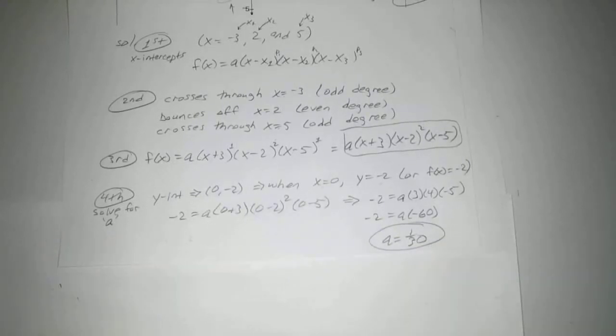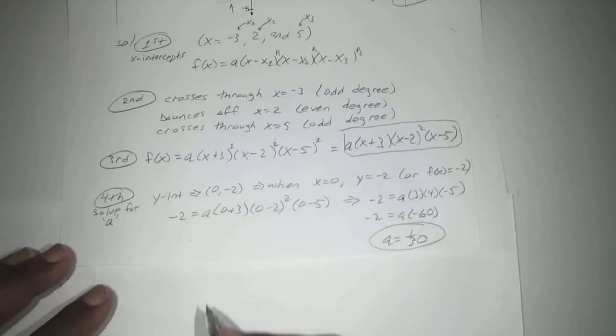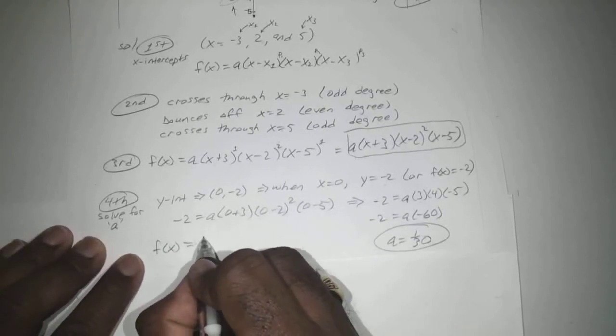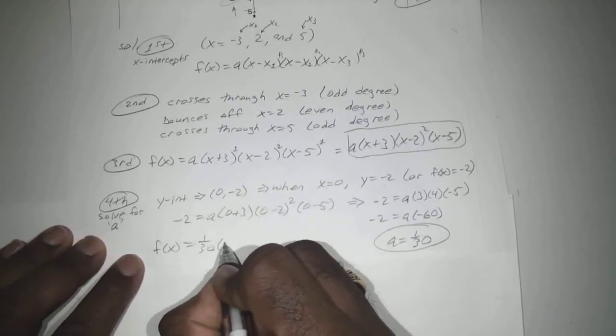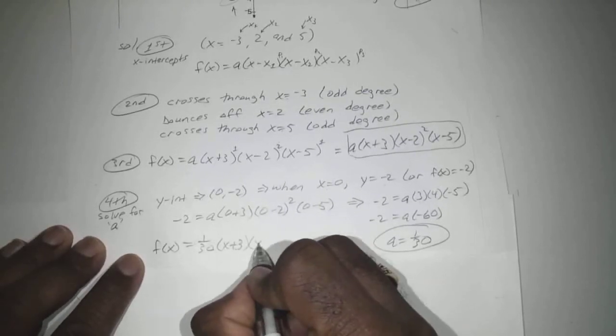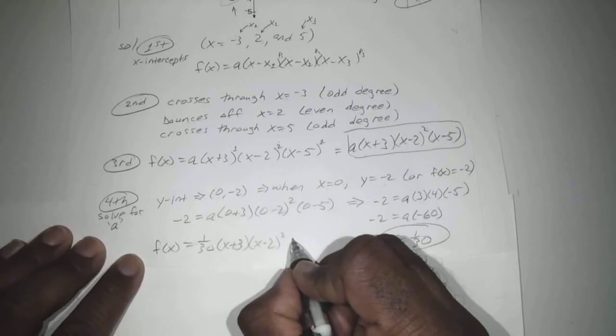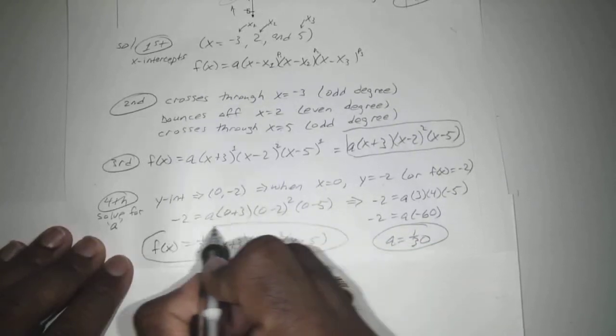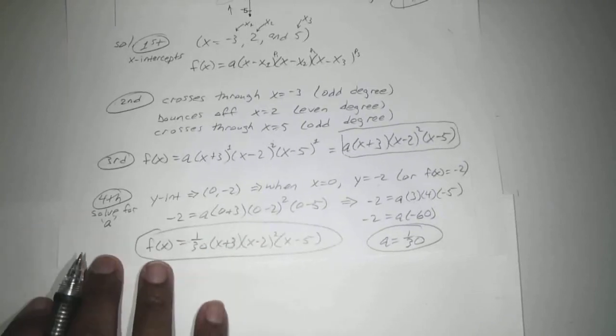Okay, so all you have to do is just replace a in this one, and you have your polynomial. So f of x would equal 1 over 30 times x plus 3 times x minus 2 squared times x minus 5. Okay.